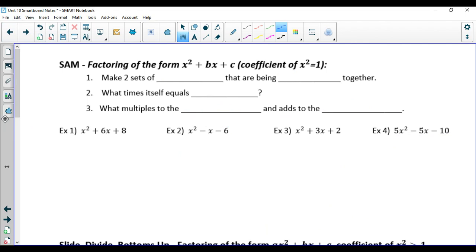SAM factor, remember, is when there's three terms and there's a 1 in front of our x squared. So remember, SAM factor means what multiplies to the last term and adds to the middle term. So you're going to make two sets of parentheses that are being multiplied together.